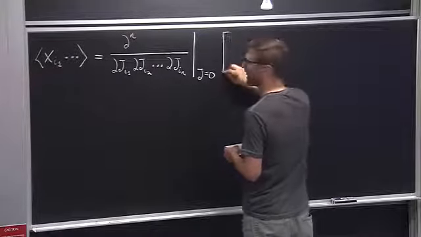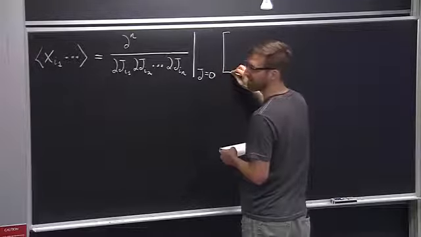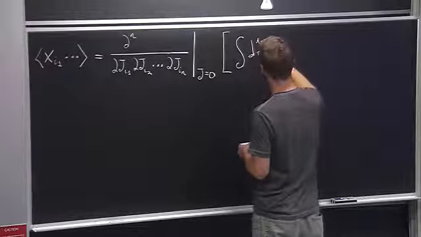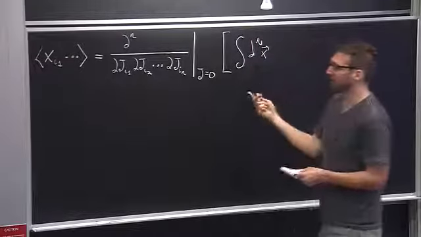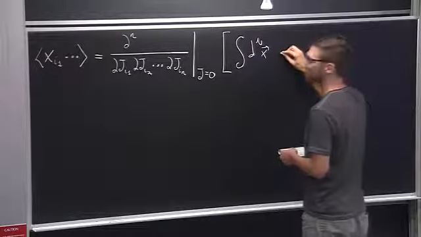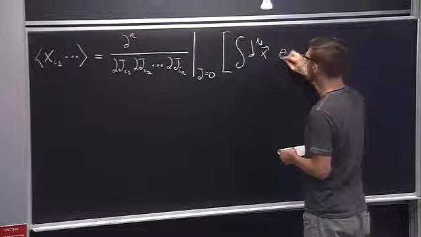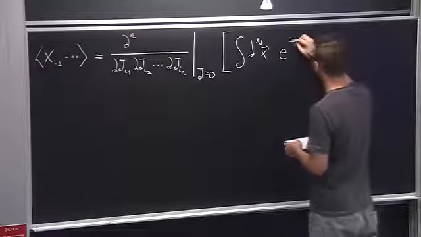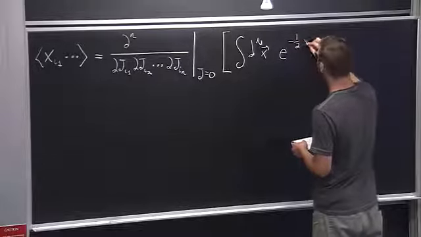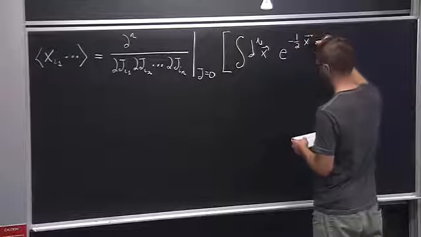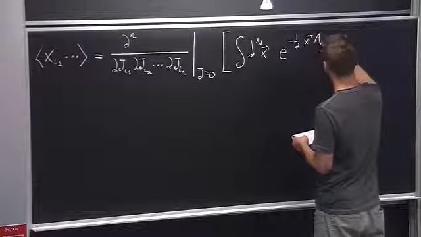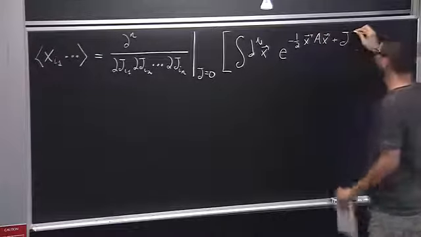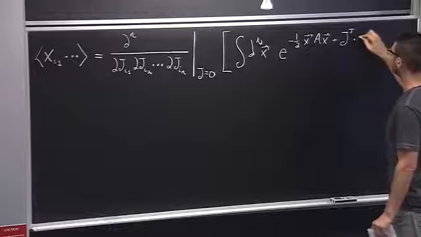Then this thing is acting on basically the numerator. Remember, I want to generate this expectation value by bringing down a bunch of x's from the exponential. So I can rewrite this Gaussian with these extra terms, and I'll just say j dot x.